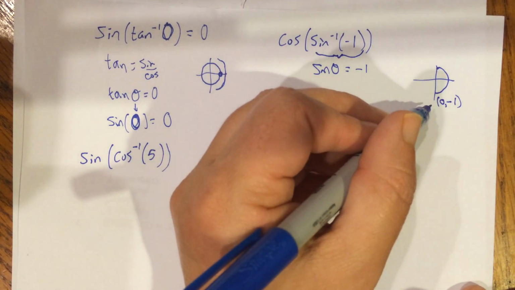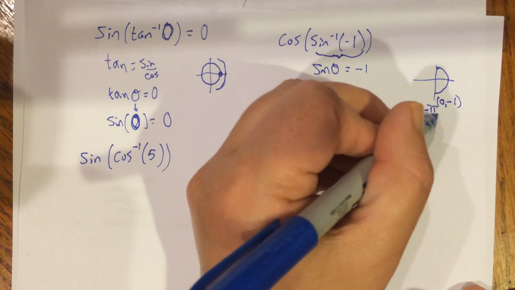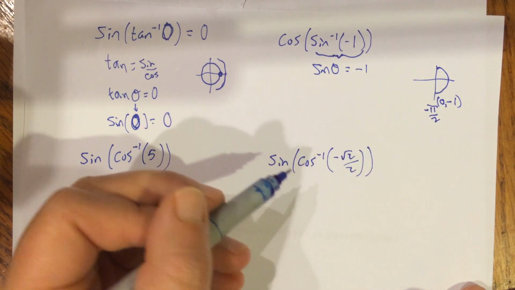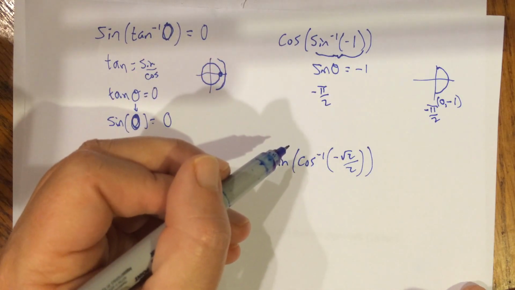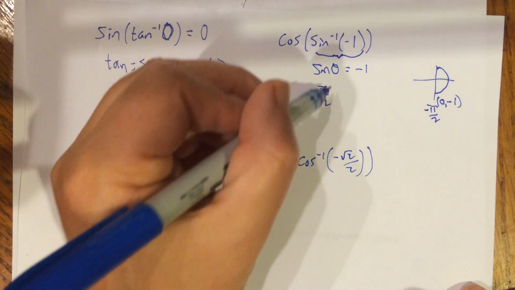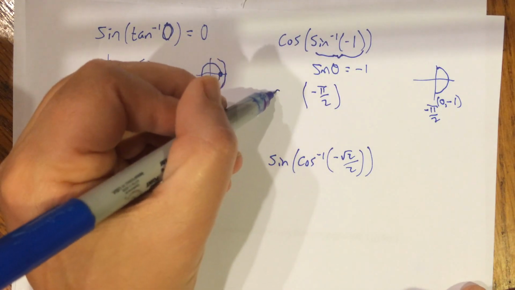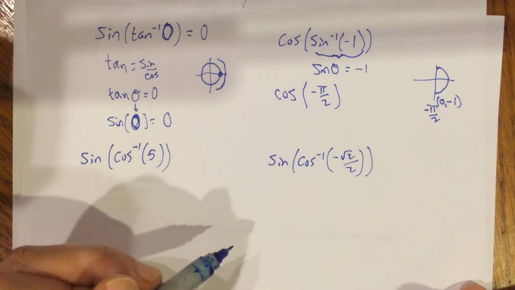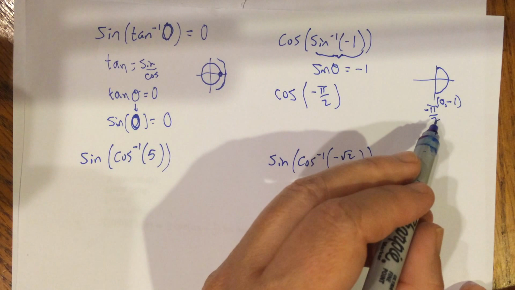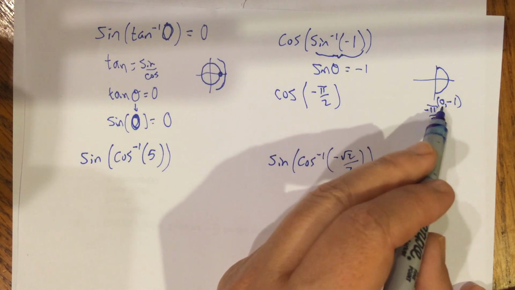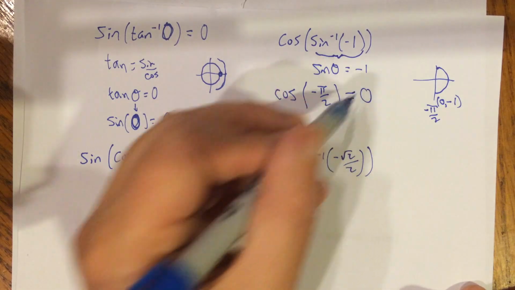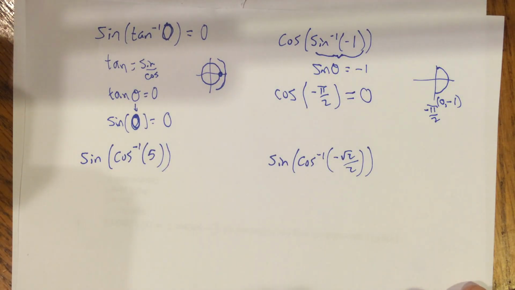Since my range goes from -pi over 2 to pi over 2, that is going to be -pi over 2. So sine inverse of -1 is just -pi over 2. So now I'm looking for cosine of -pi over 2. Well, -pi over 2 is just here, still, hasn't moved. Cosine is my x, so that's just going to be 0.